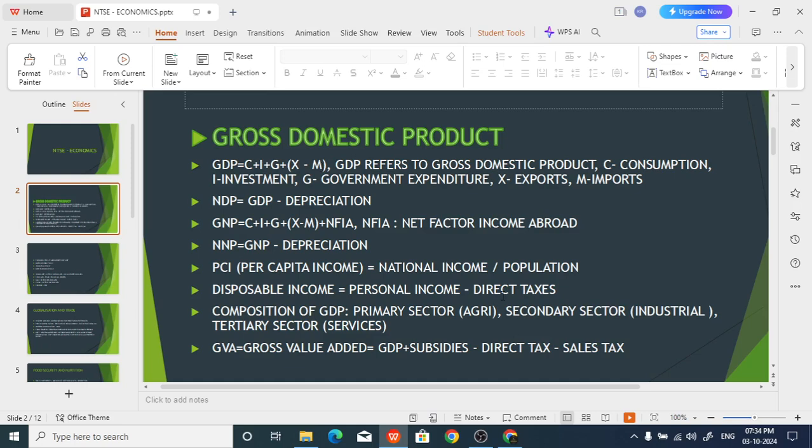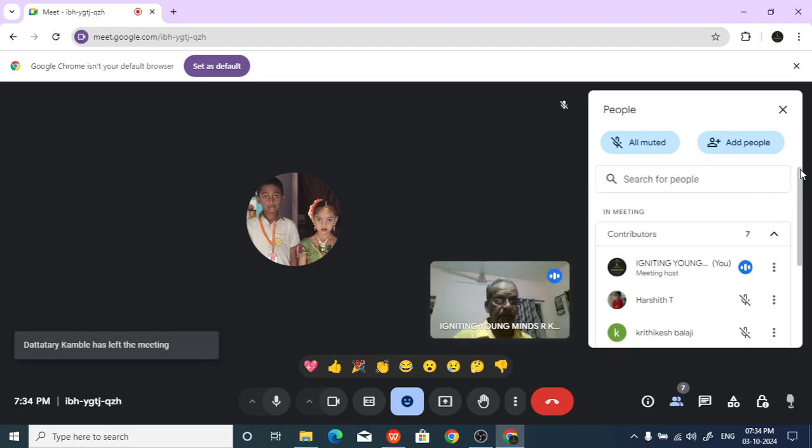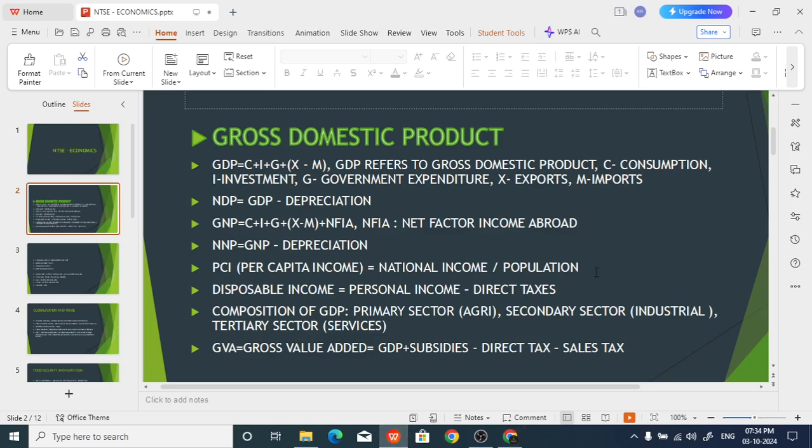That is also consumption. Whatever money he has saved for 4-5 months, he will then buy a cycle. So that is also consumption. That cycle will depreciate.